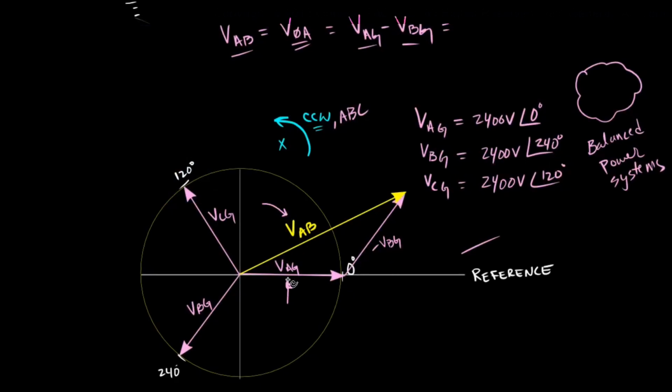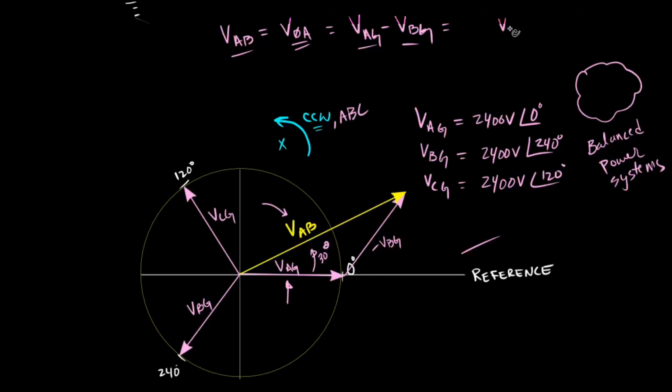Well, we would have to shift VAG by 30 degrees in the counterclockwise direction, and then multiply or stretch it by 1.73, or the square root of 3, so it lines up with VAB.